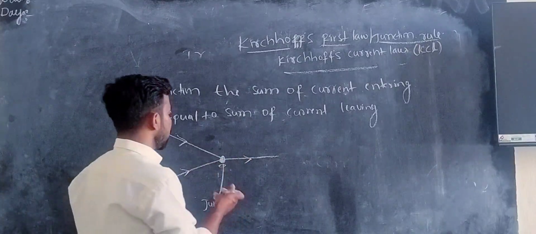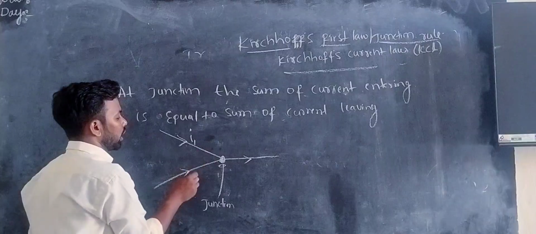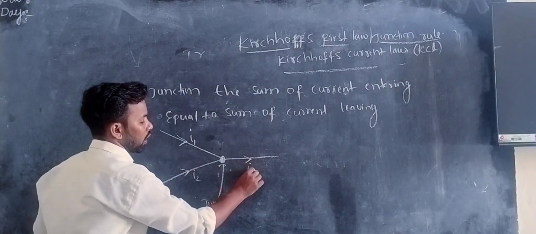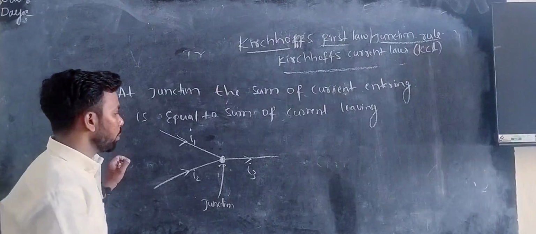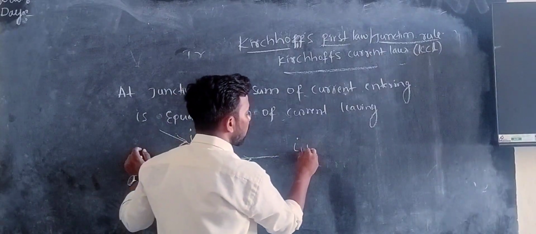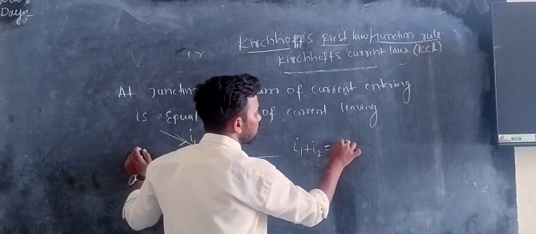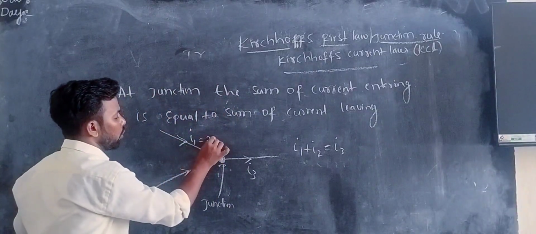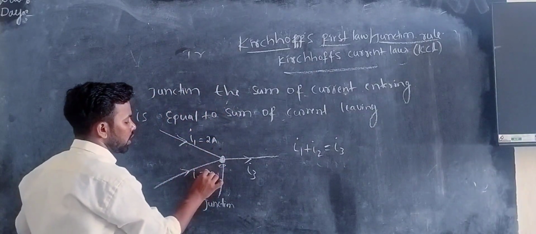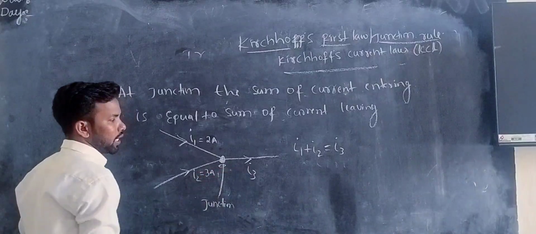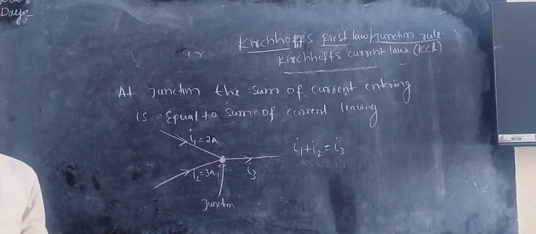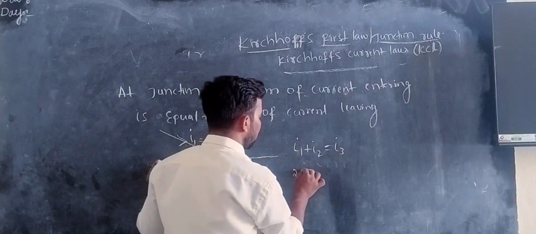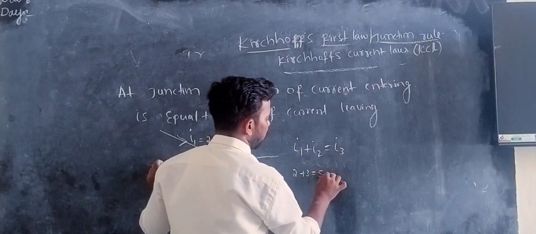Let us take this one I1, this one I2, this one I3. From this law, I1 plus I2 is equal to I3. Let us take I1 as 2 ampere, I2 as 3 ampere. Then what is I3? 5 ampere. It's simple, right? 2 plus 3, 5 ampere.